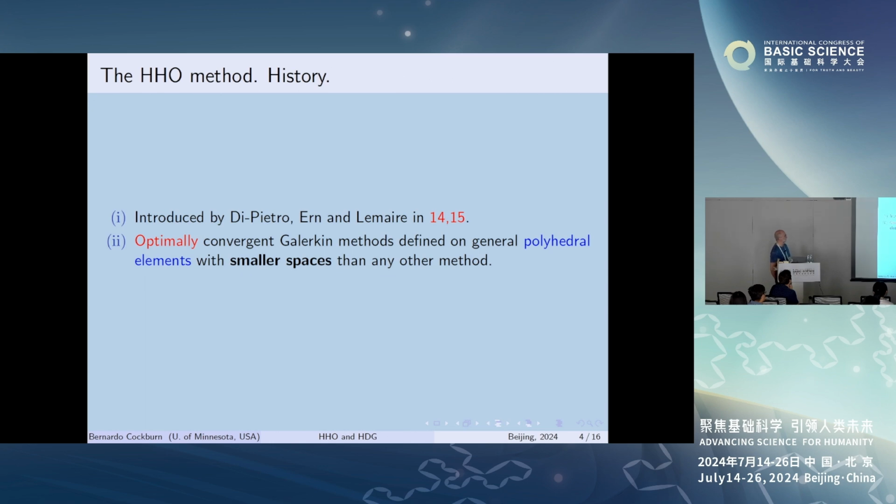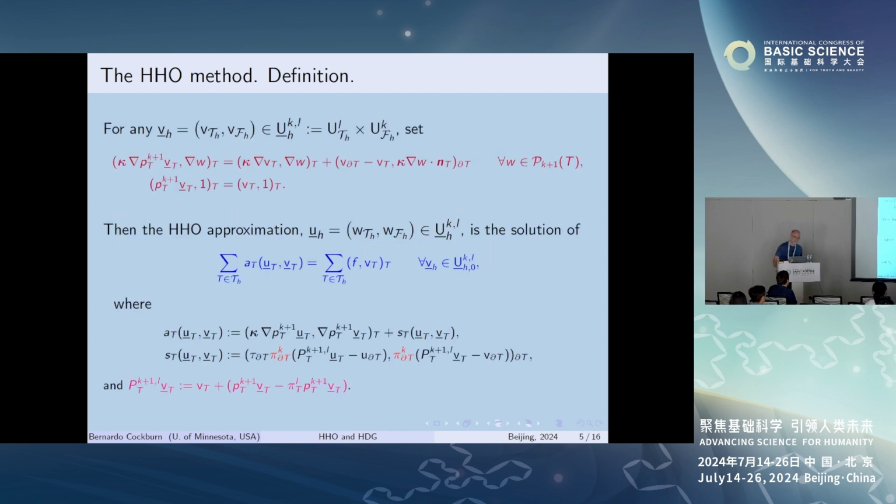And what is very nice about these methods is that they are defined on arbitrary meshes, in very general polyhedral elements, and they are optimally convergent, and they achieve that with smaller spaces than any other method. So they have a very special property, which is this one. Okay. All right. So now let's get into business.